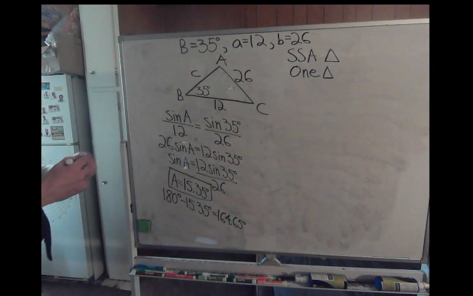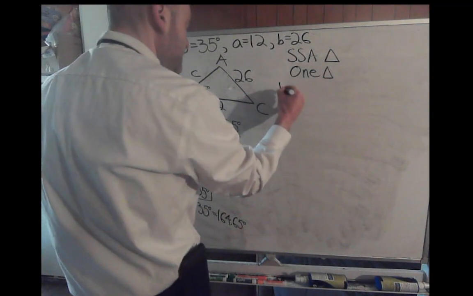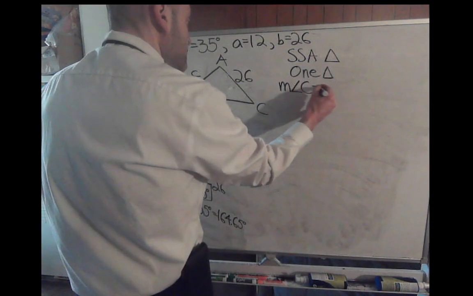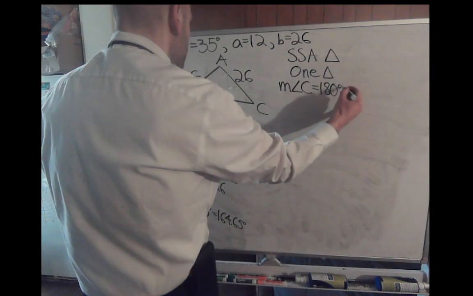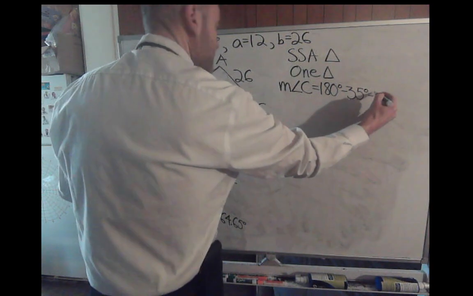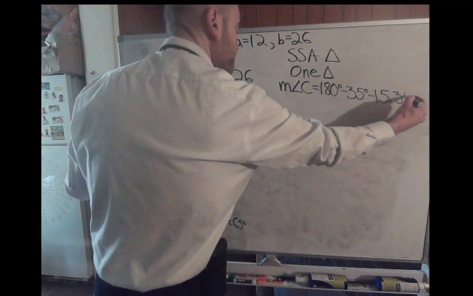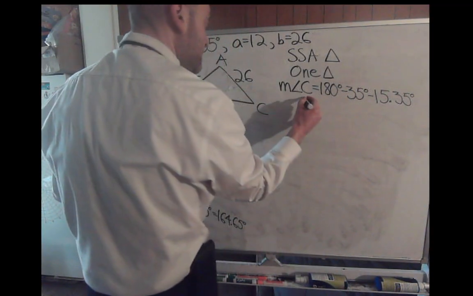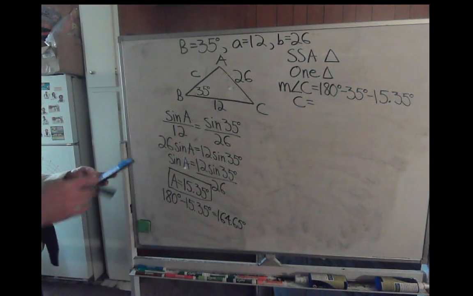Alright, now since we know both angles A and B, we can find angle C relatively easily. So just go ahead and take 180 degrees minus that 35 minus that 15.35, and then that means C, we should be able to get an answer for that.